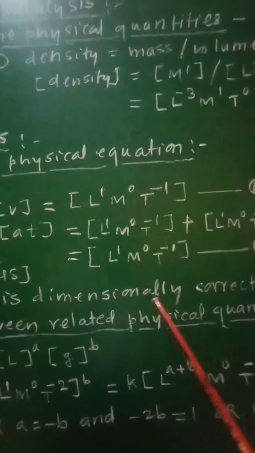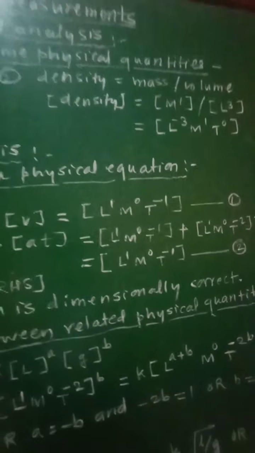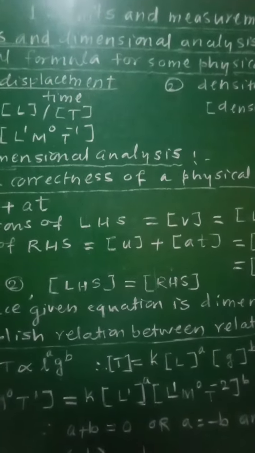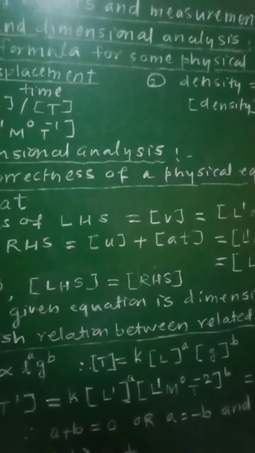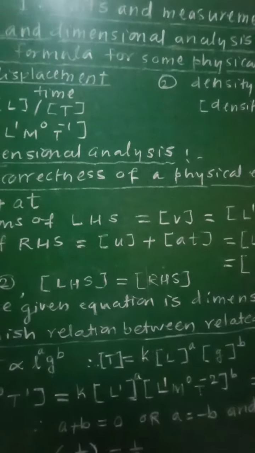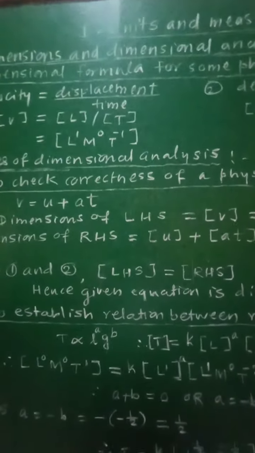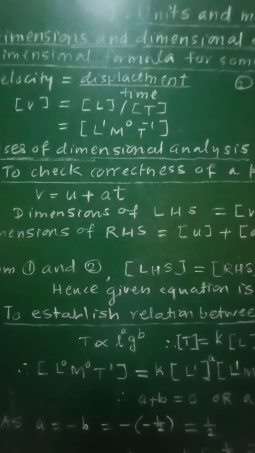Similarly, the second kinematical equation, s equal to ut plus half at square, and the third kinematical equation, v square equal to u square plus 2as, can be checked with the help of dimensional analysis. The correctness of the equation can be checked.